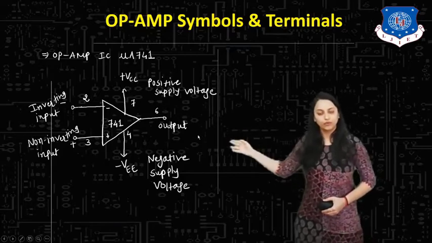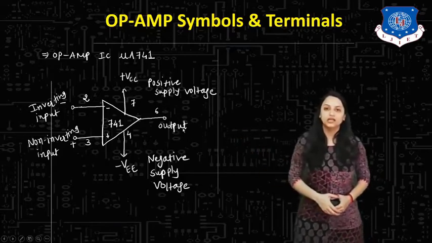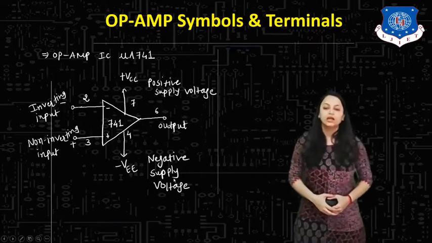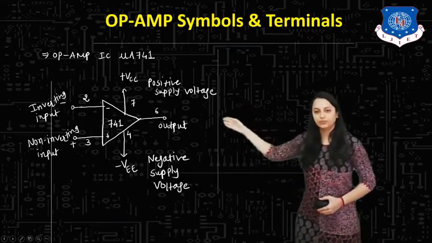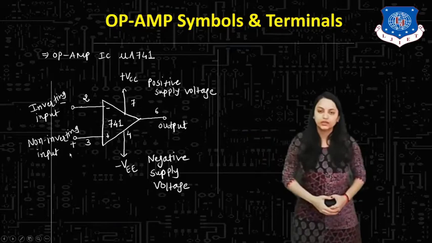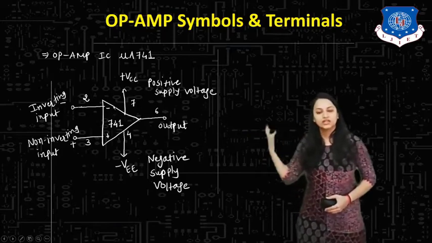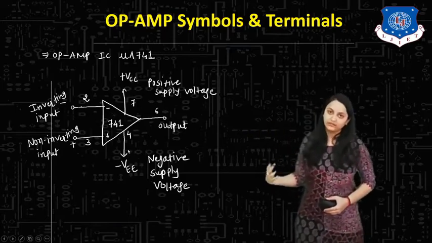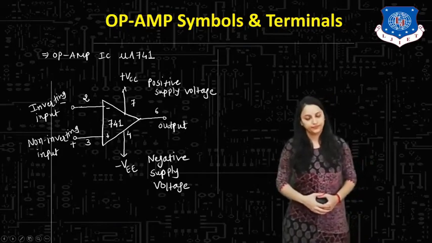At pin number 4 we have minus VEE, and pin number 6 is the output terminal. Positive supply voltage and negative supply voltage are given to run the IC.